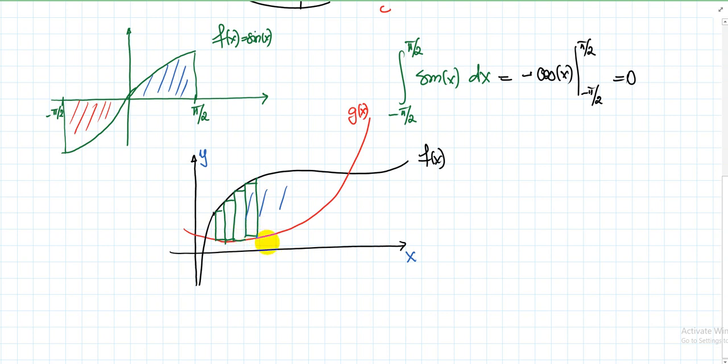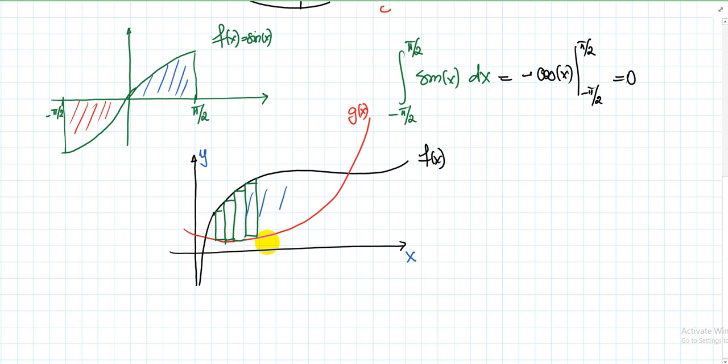By finding the area of each rectangle and summing them, we can find the total area. Can you find it by another method, for example, the area under f of x minus the area under g? No, it doesn't work. Or, yes, it works. But this is the same thing. You will get this answer like this as well.